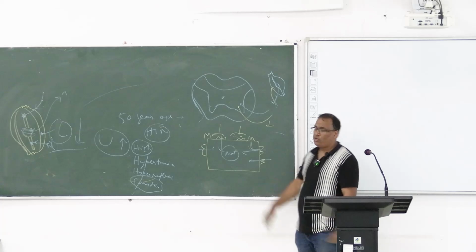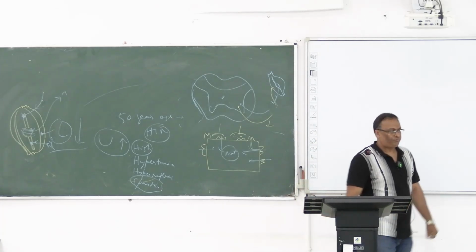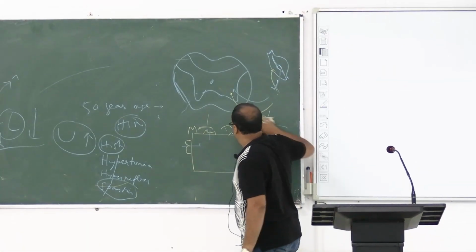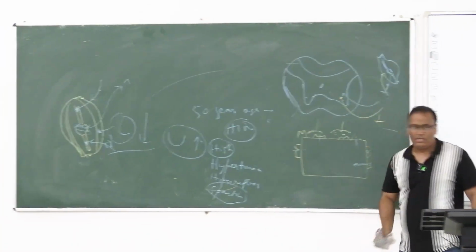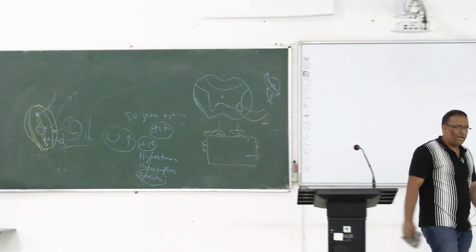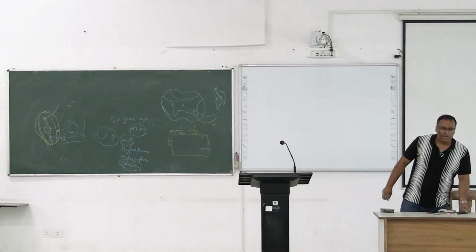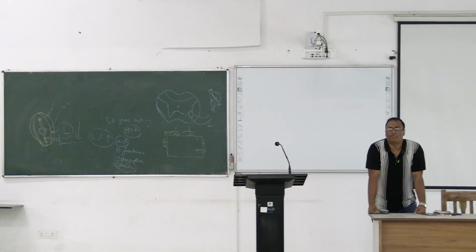Now in these cases we can explain why denervation atrophy happens. How does denervation atrophy happen, right? These are the muscle cell. There are two types of receptors, already told you. One is the nicotinic receptor for acetylcholine, one is the muscarinic receptor.